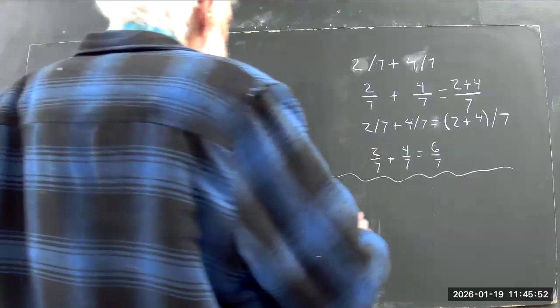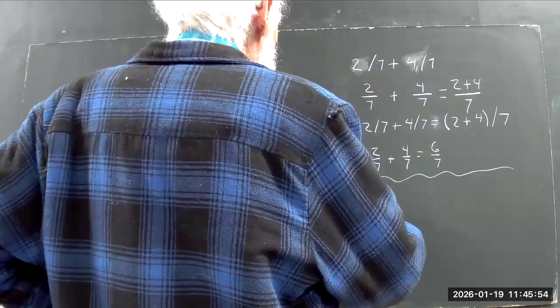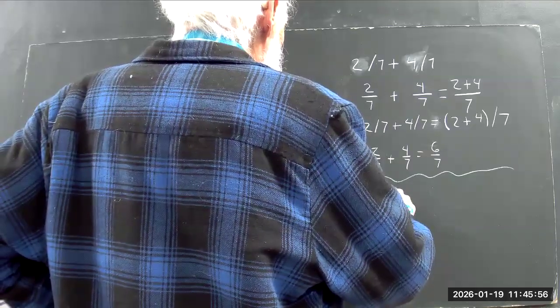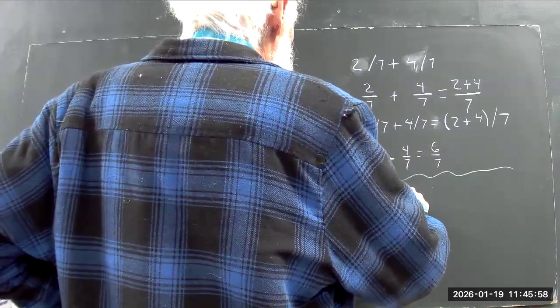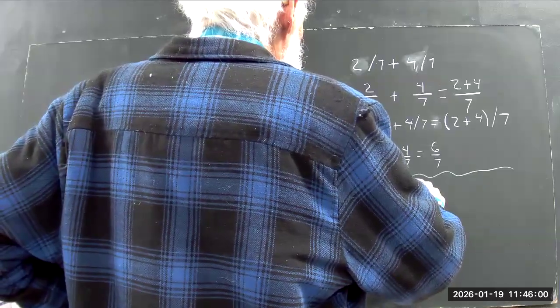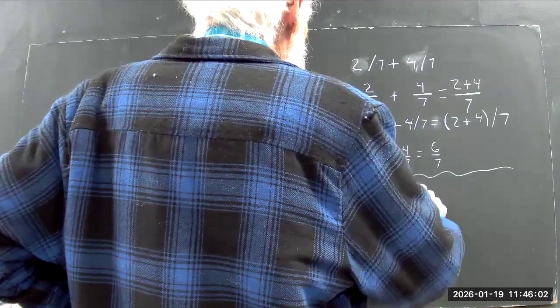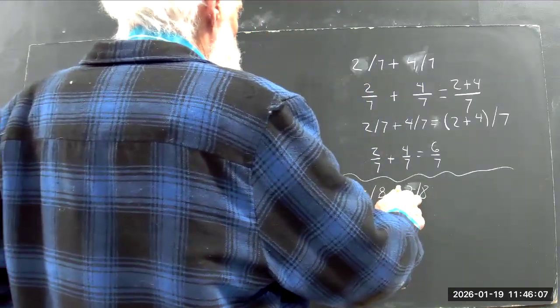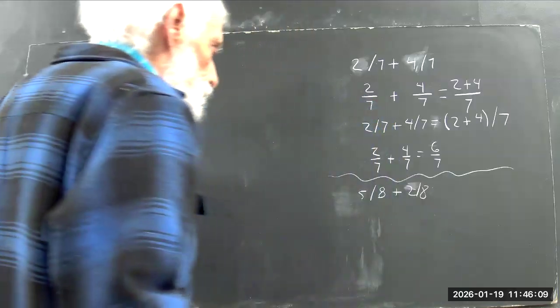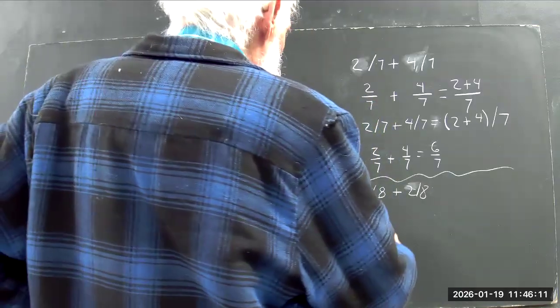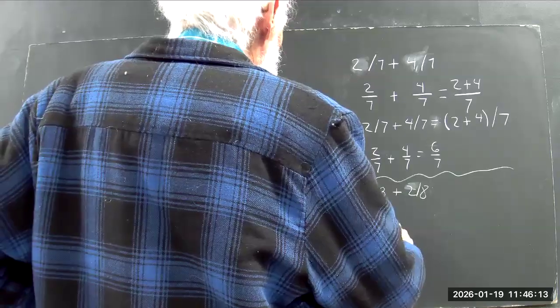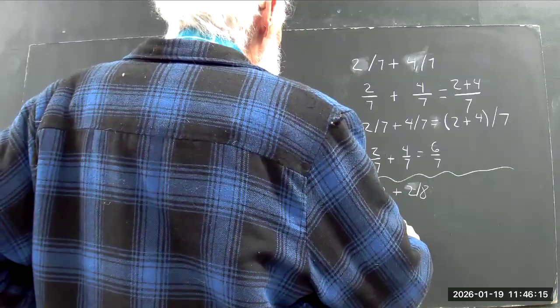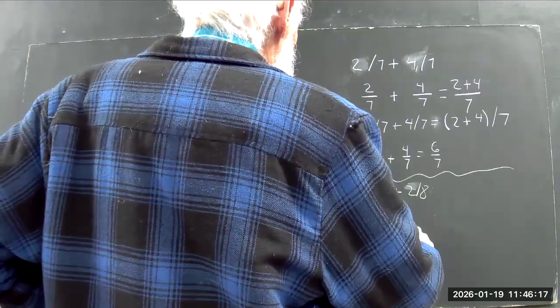One more example. Let's do 5/8 plus 2/8. In other words, 5/8 plus 2/8. And if we write that as a fraction, we get 5/8 plus 2/8.